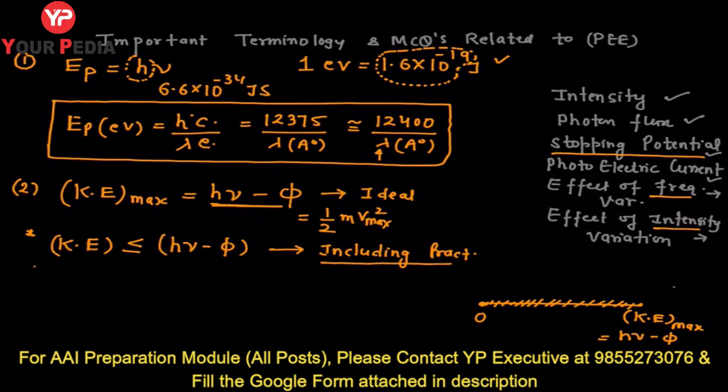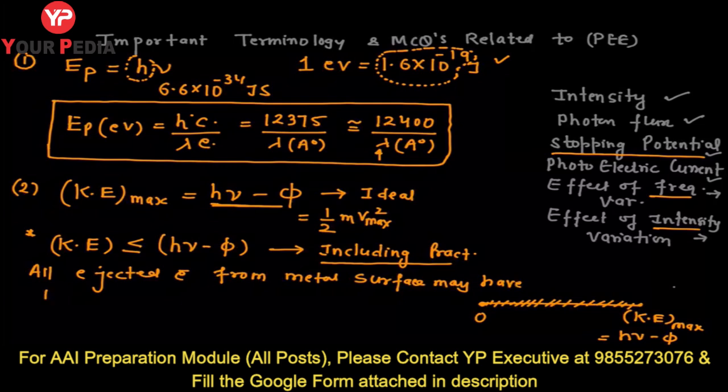Is it clear? Fine. So what can I conclude from here? I can conclude that all ejected electrons from the metal surface may have different kinetic energy, distributed from 0 to KE max.